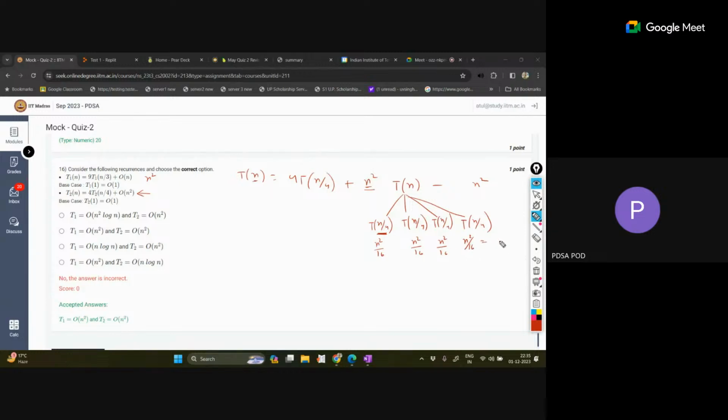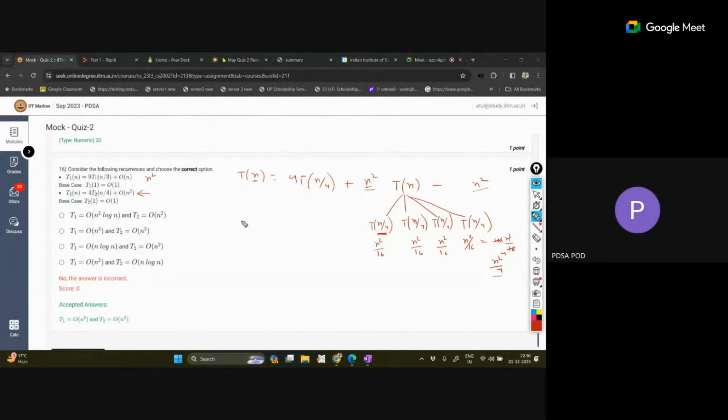So total is 4 into n square by 16, which is n square by 4 at this first level. You can see that previous was n square and this time n square by 4. So this is decreasing, we are dividing by some factor. This is a decreasing case.